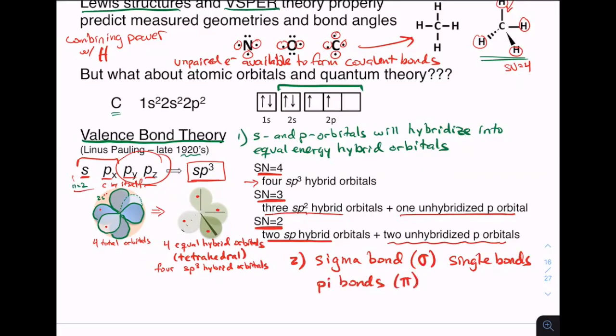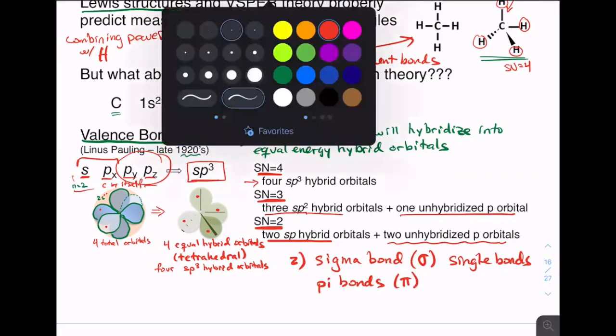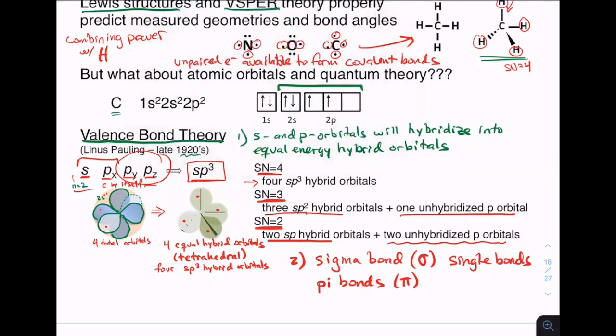And we'll see what can form sigma bonds and pi bonds. Pi bonds are going to be what's involved with double bonds and triple bonds. And you'll see that this will come about by having bonding between these unhybridized p orbitals.